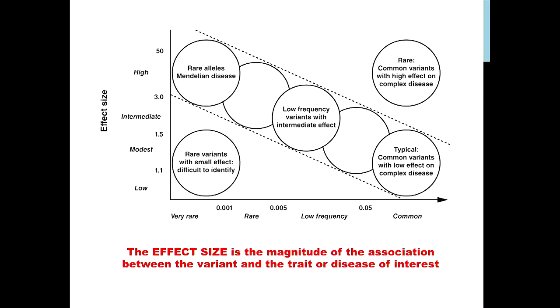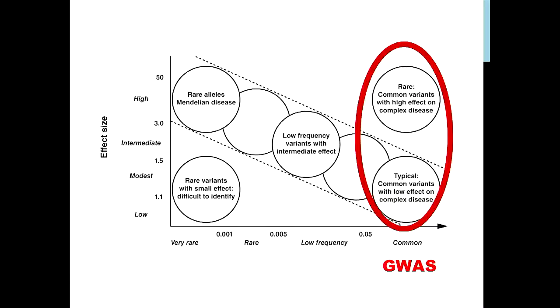So when it comes to studying GWAS, we're over here usually. We're looking for common variants with low effect on complex or multifactorial traits. That doesn't mean we couldn't identify common variants with high effect size on various complex traits and diseases.